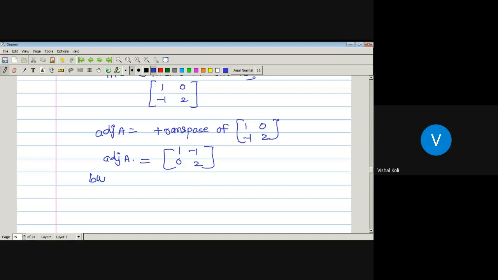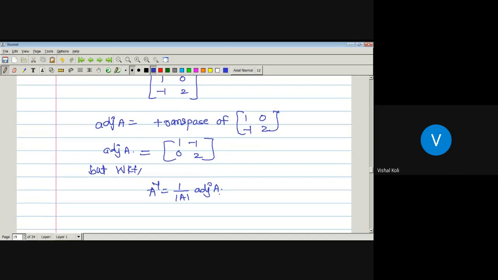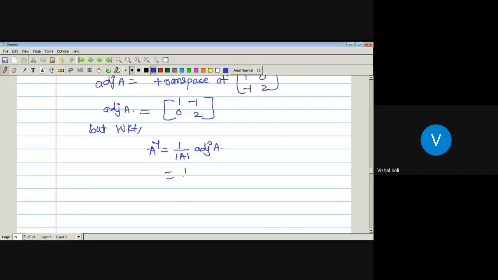We know that A inverse is equal to 1 upon determinant of A into adjoint of A, which is equal to 1 by 2 into [1 minus 1; 0 2].